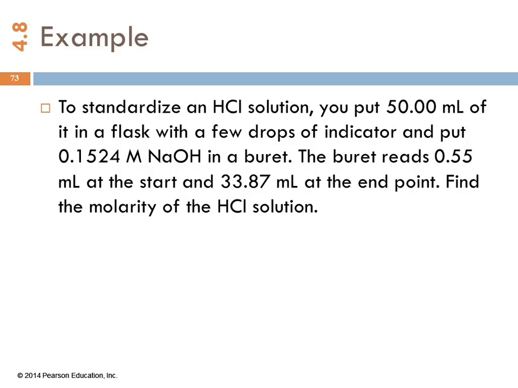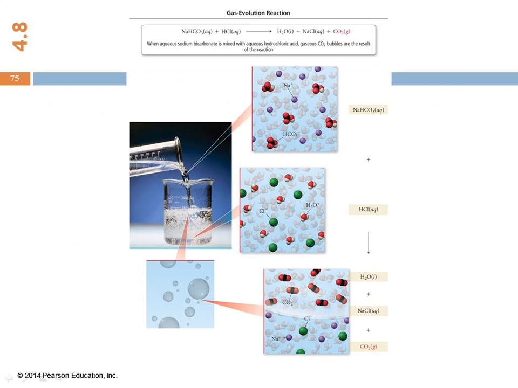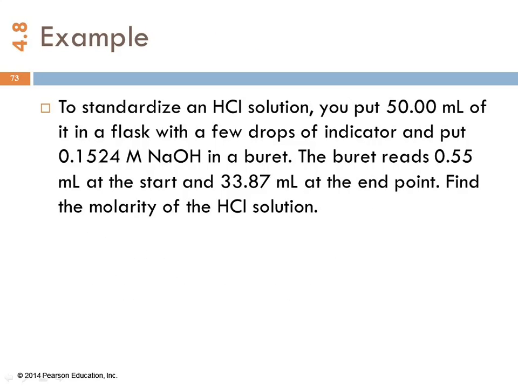Well, what's the reaction? What's the equation to describe what's going on here? We've got HCl and sodium hydroxide, right? HCl and sodium hydroxide, and they're going to form water and sodium chloride.